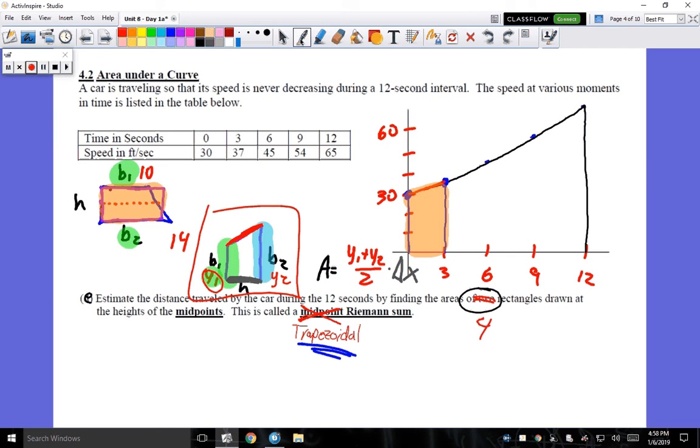So y1, let me highlight these as I go. y1 is right here, and that's going to be 30. It's going to be added to y2, which in this case is 37.